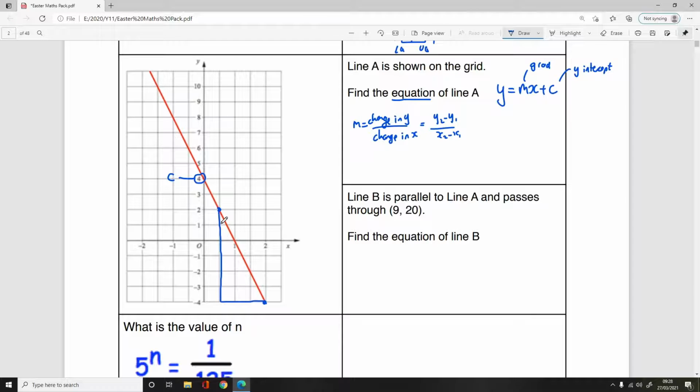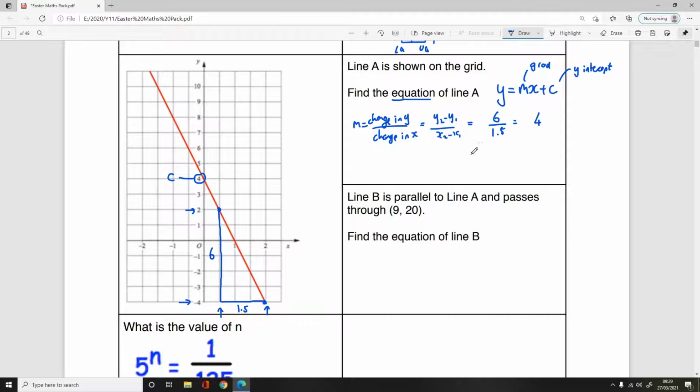And remember, you're not counting squares, you're counting distance. So this goes from 2 to minus 4. So this distance is 6. And this goes from 0.5 here to 2. So that's 1.5. So your gradient is going to be change in y, which is 6, divided by change in x, which is 1.5, which is 4.